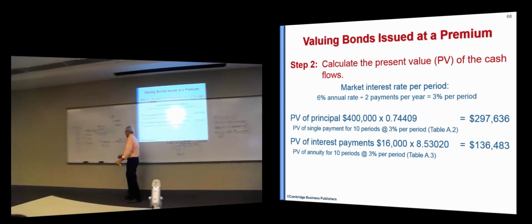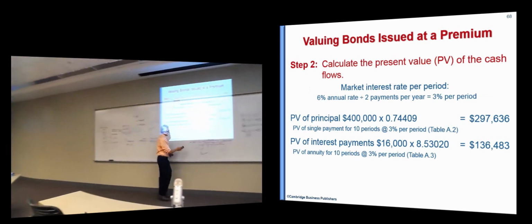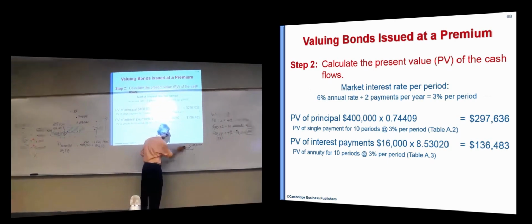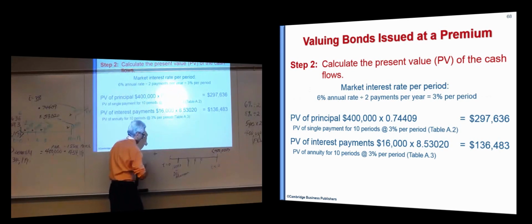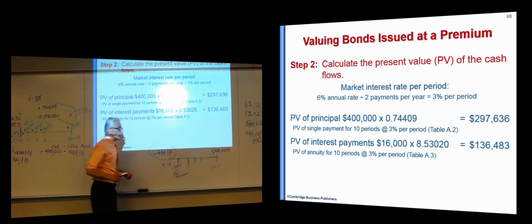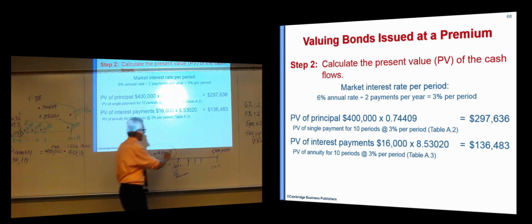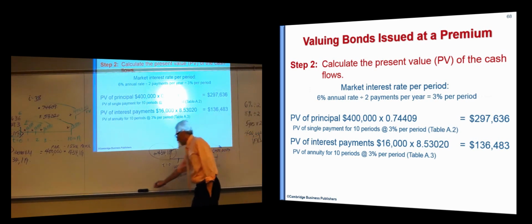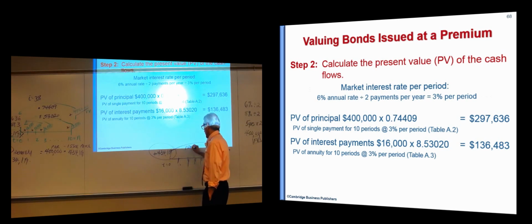Again, using the same kind of diagram here. I'm receiving $434,119, I only have to pay you back $400. So the premium is interest savings.